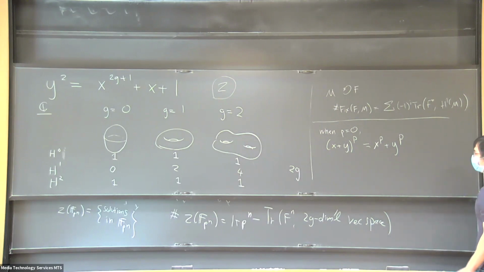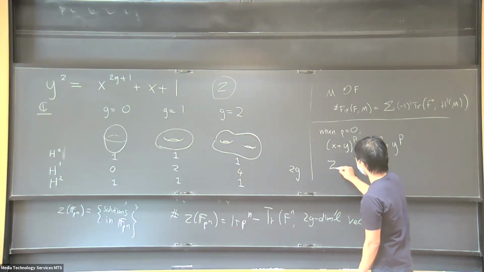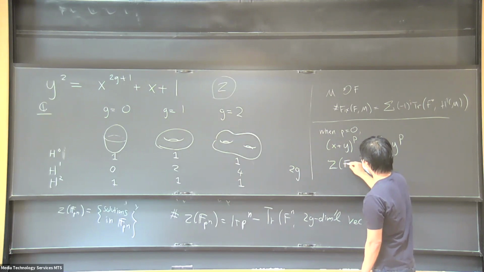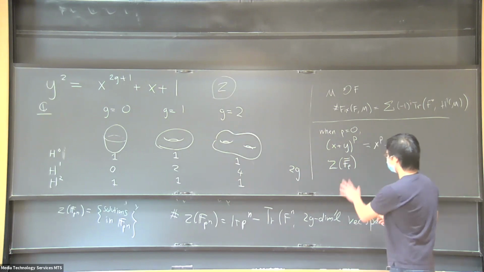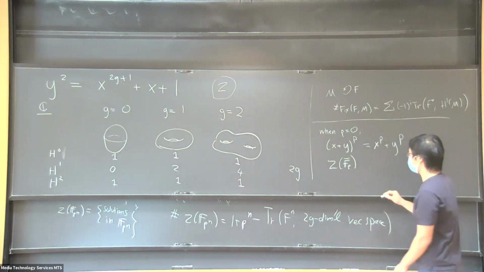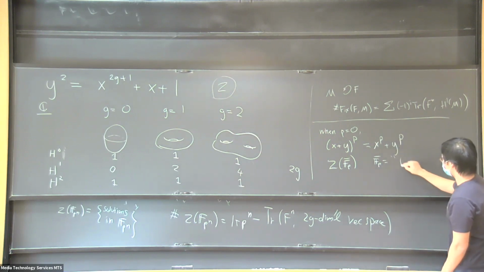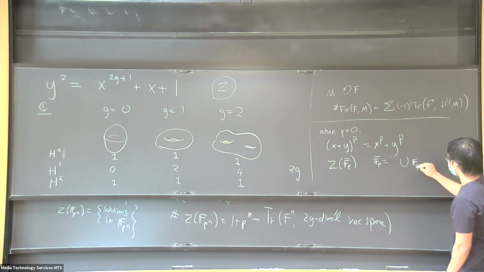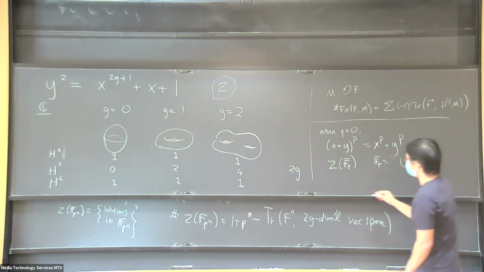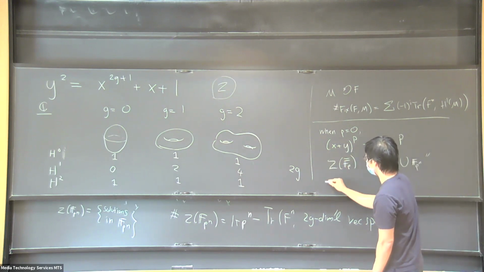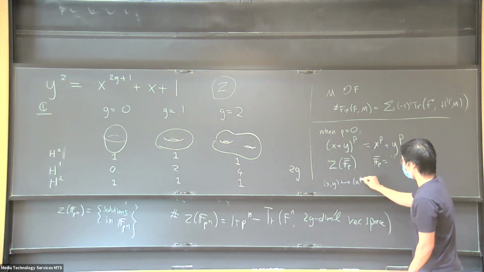And that implies that on the space of solutions inside the algebraic closure of Fp, which is formally speaking a union of all these finite extensions, there's a symmetry of the space which sends x comma y to x to the p comma y to the p.